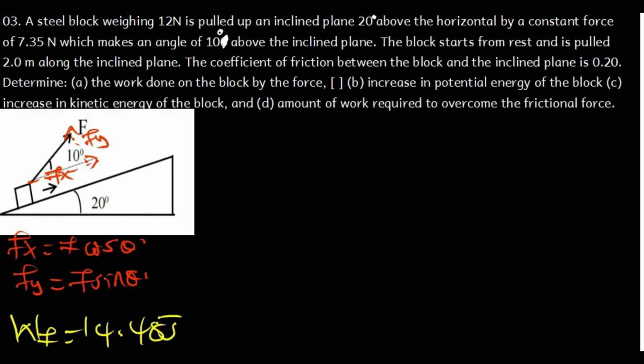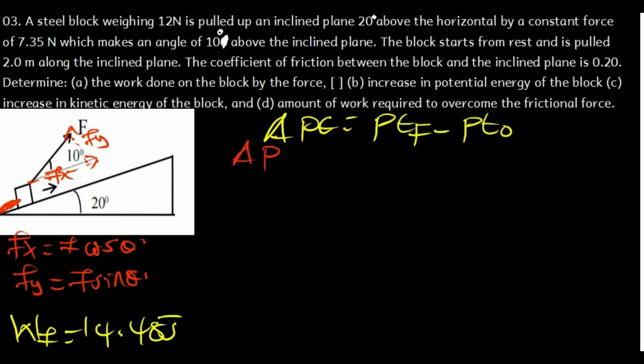The increase in potential energy is the same as the change in potential energy. So the change in potential energy is going to be the potential energy final minus the potential energy initial. Now initially we don't have initial potential energy because it was starting from this point here where the height is going to be 0.